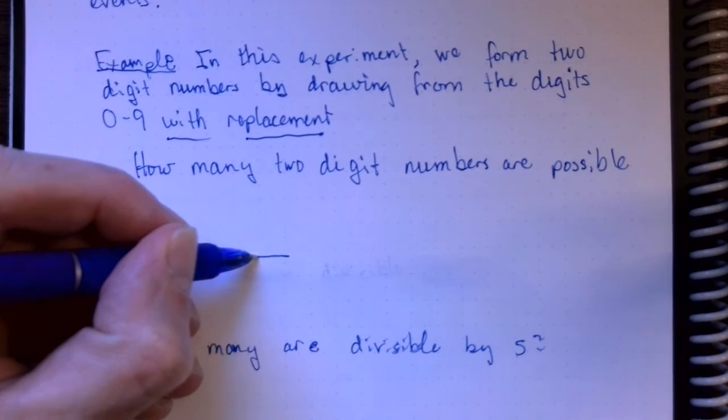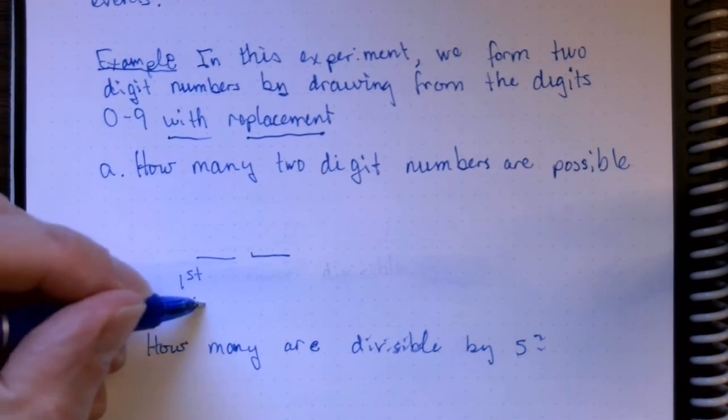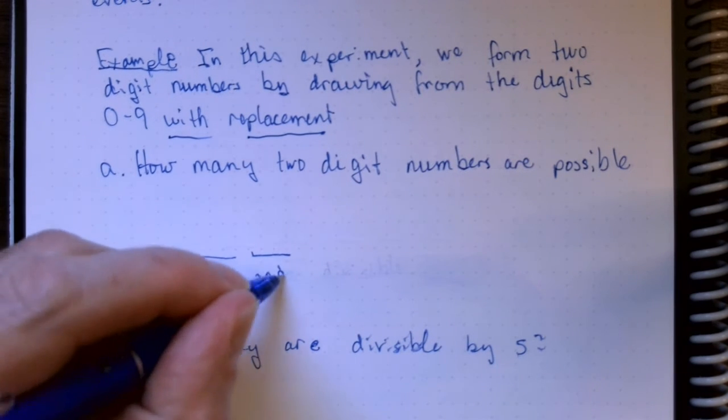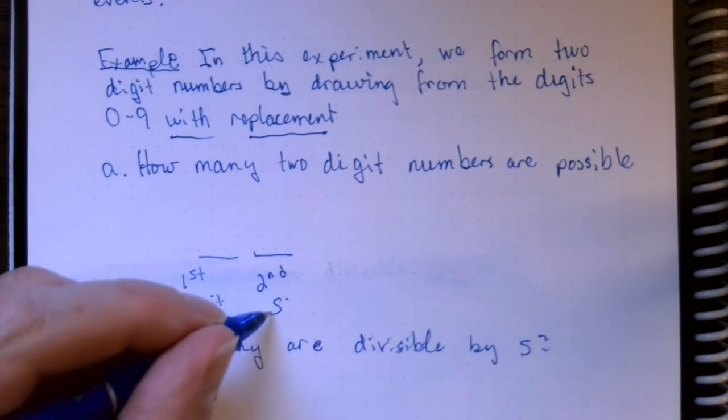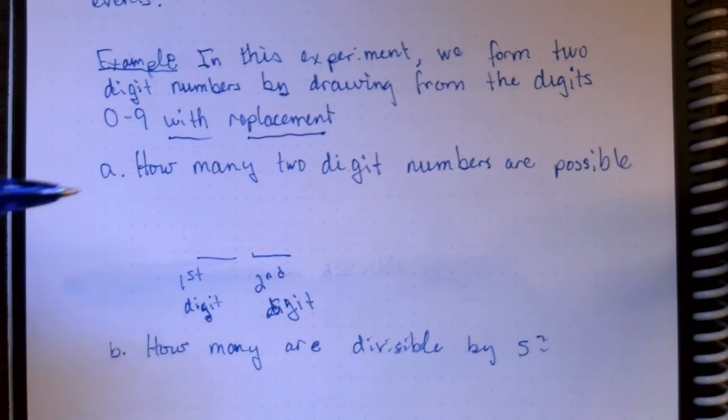Well, you want to make a two-digit number, you need two stages. Remember, the counting principle is all about breaking our experiment up into stages. So you tell me the first digit, and you tell me the second digit.